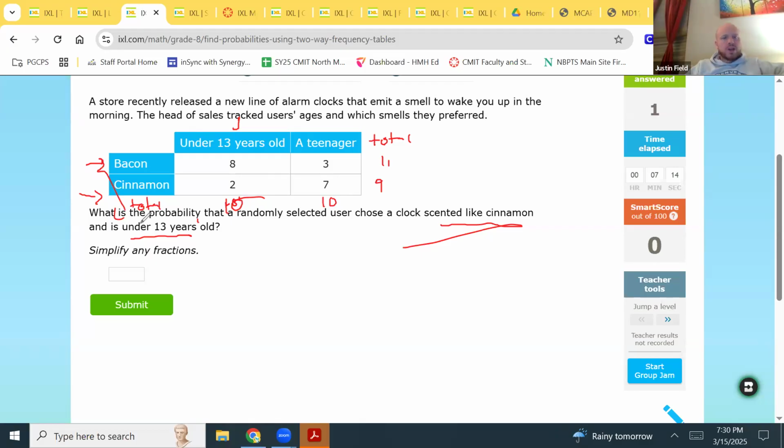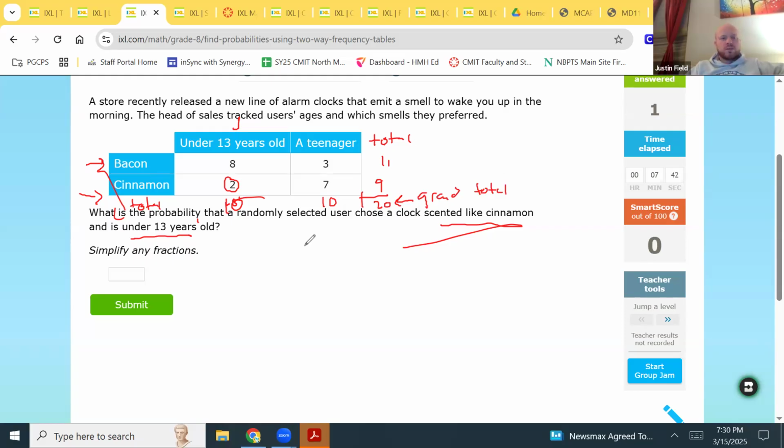What is the probability that a randomly selected user chose a clock scented like cinnamon and is under 13? That's 2. Oh, and we need our grand total here. 10 plus 10 is 20, and also 11 plus 9 is 20. This is our grand total: how many people in the study.